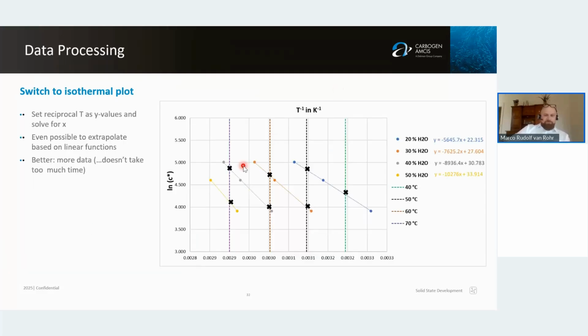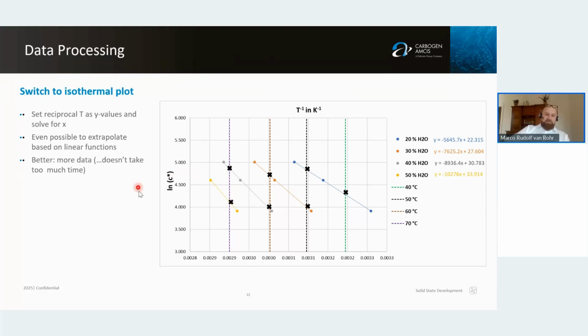to set isotherms here. So this is temperature, and see where these axes are crossed. So I have now for this isotherm, a data point of 40% water and 50% water. 40 and 50% water, that's real data. And this gives me then a concentration.